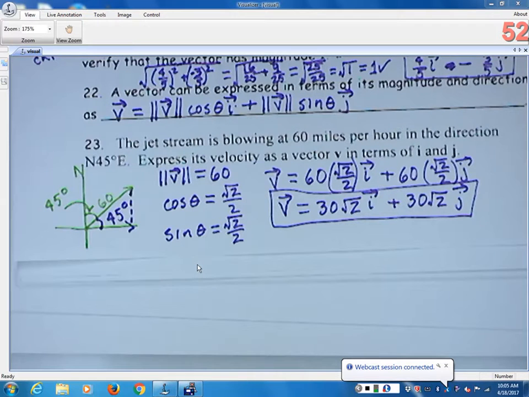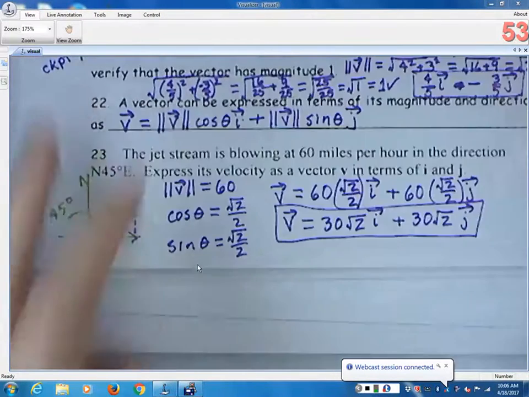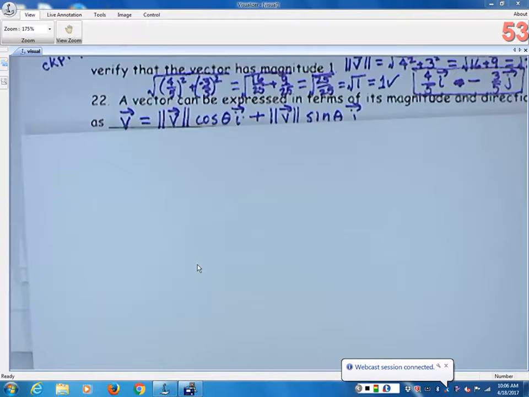Any questions? All right, so we've got some time to work on 6.3 and 6.6 preview. If you've already done it, this is that preview worksheet.